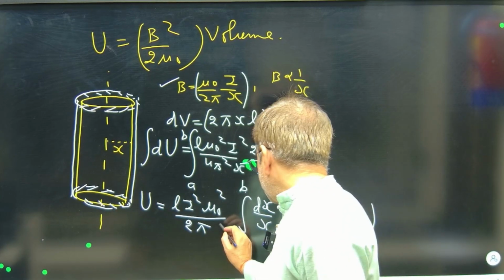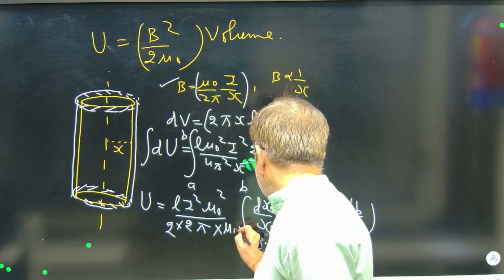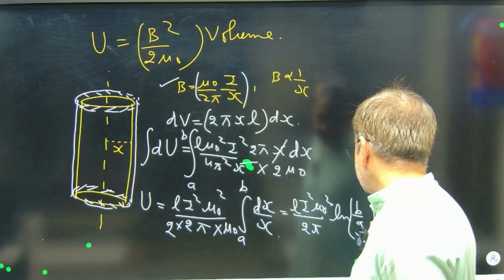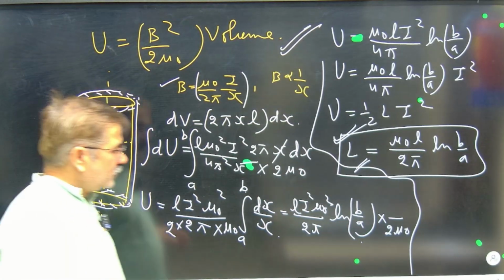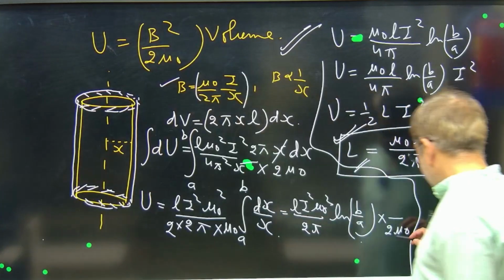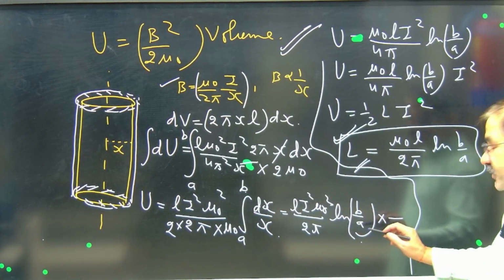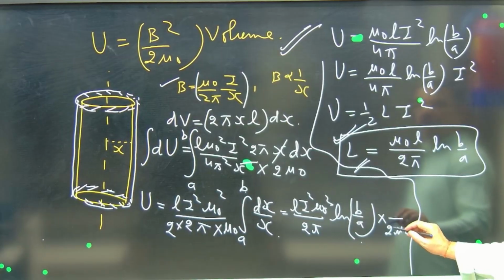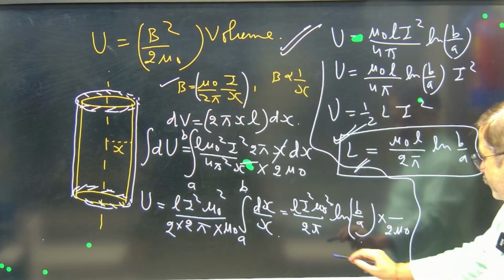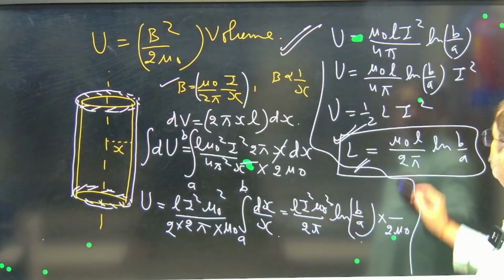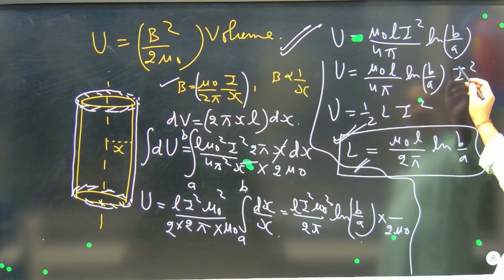If I divide the whole expression by 2 mu naught, I get mu naught L I square by 4 pi, since 2 pi into 2 is 4 pi, I square, and the term is ln B by A.